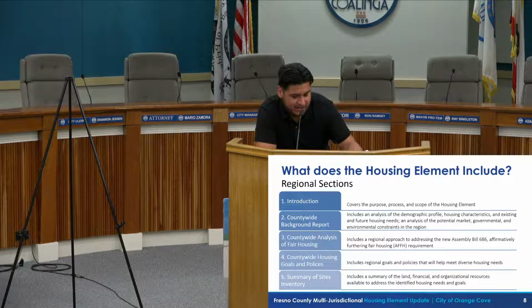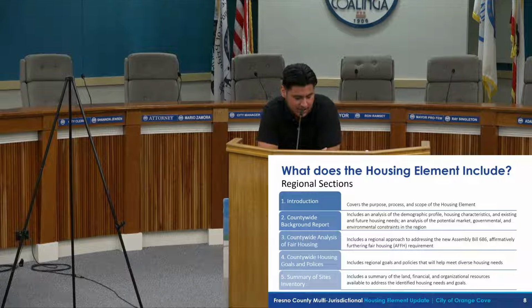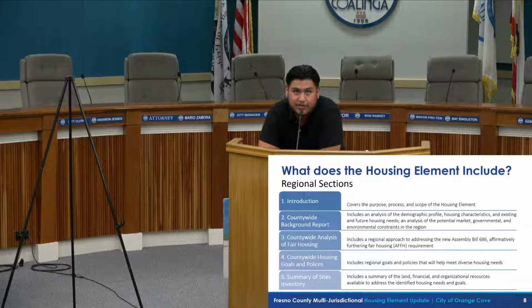Then we have the county-wide analysis of fair housing, which includes a regional approach to addressing fair housing requirements. The fourth section is the county-wide housing goals and policies, which includes the regional goals and policies that are going to help meet the housing needs here in the region. And lastly, we have a summary of sites inventory, which includes a summary of the land and resources that are available to help meet the housing needs here in Coalinga and in Fresno County.